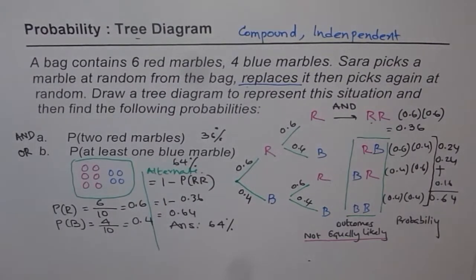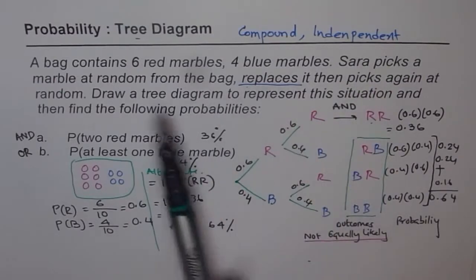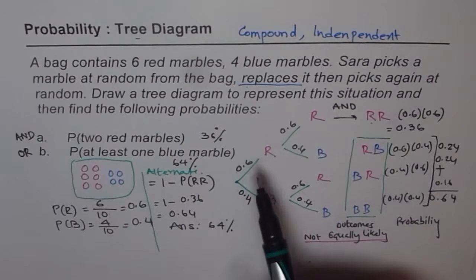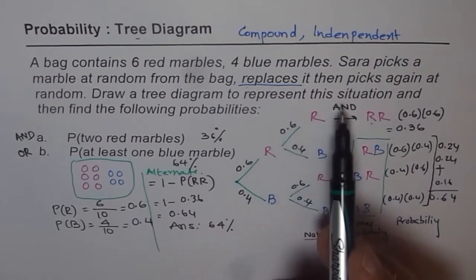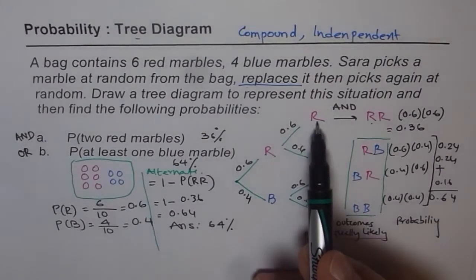Well, from this example, we learn a couple of things. One, it is a compound probability case with independent events, since the marbles have been replaced. When it is replaced and we are talking about 2 reds, we just multiply the probabilities of 2 reds.